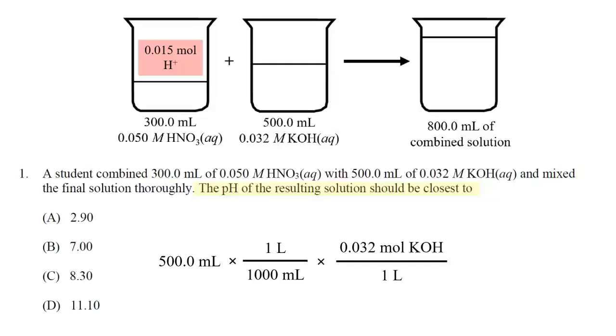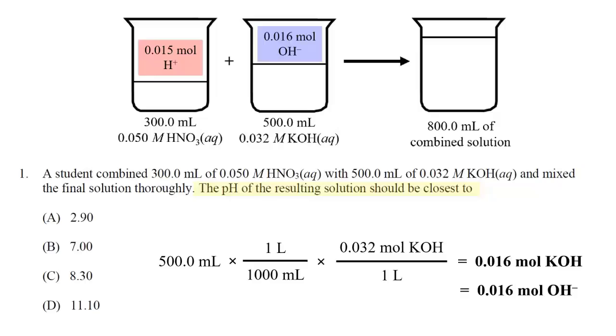And when I do this math, 500 divided by 1,000 times 0.032, this will give me the number of moles of potassium hydroxide. But this is a strong base. There's a 1-to-1 ratio between the moles of KOH and the moles of hydroxide in that formula. So that number, 0.016 moles, is also the number of moles of the hydroxide ion.